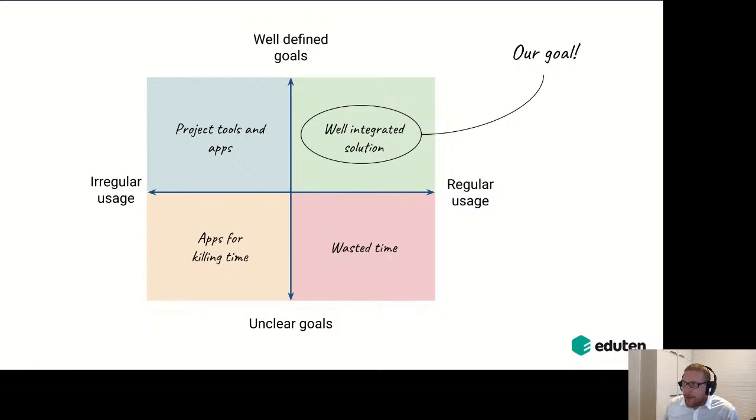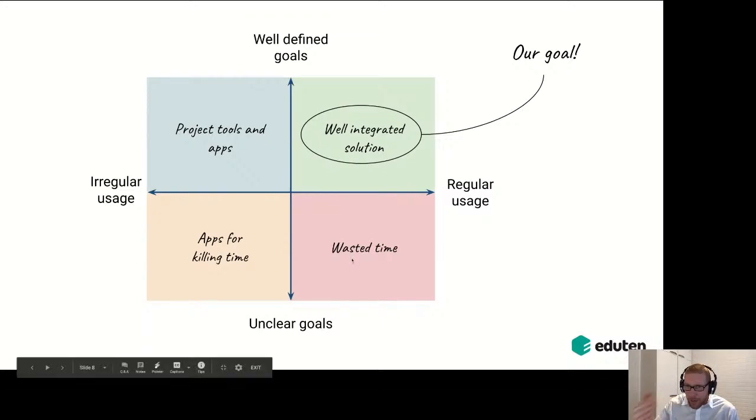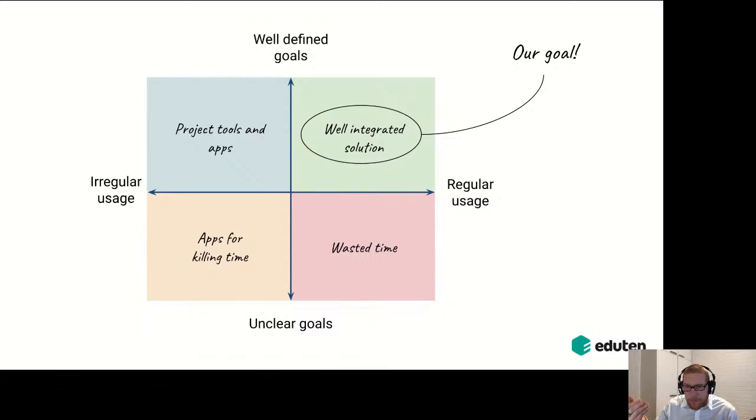That's pretty much wasting time. We are regularly using time on something that we don't measure, we don't have goals, we don't know why we do it, basically. If we don't have goals, we don't know why we are doing something. So that's wasted time. Try to avoid that. That's the worst thing you can do.